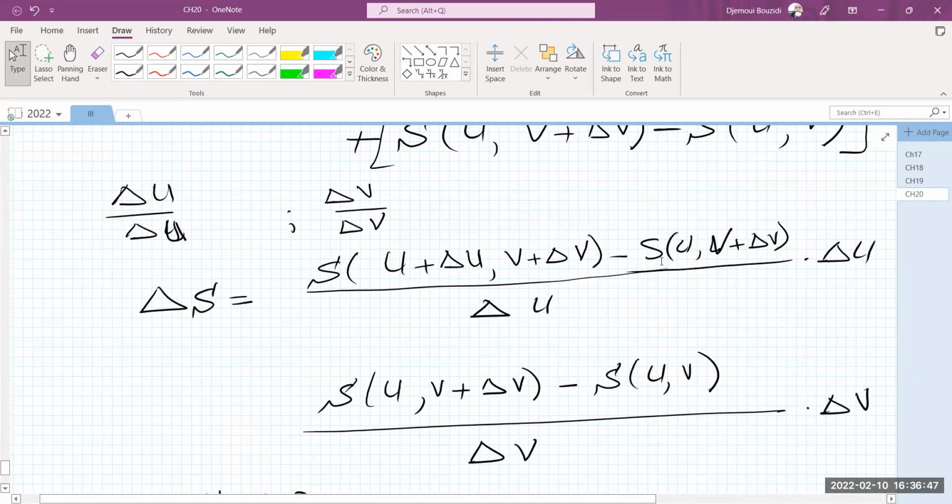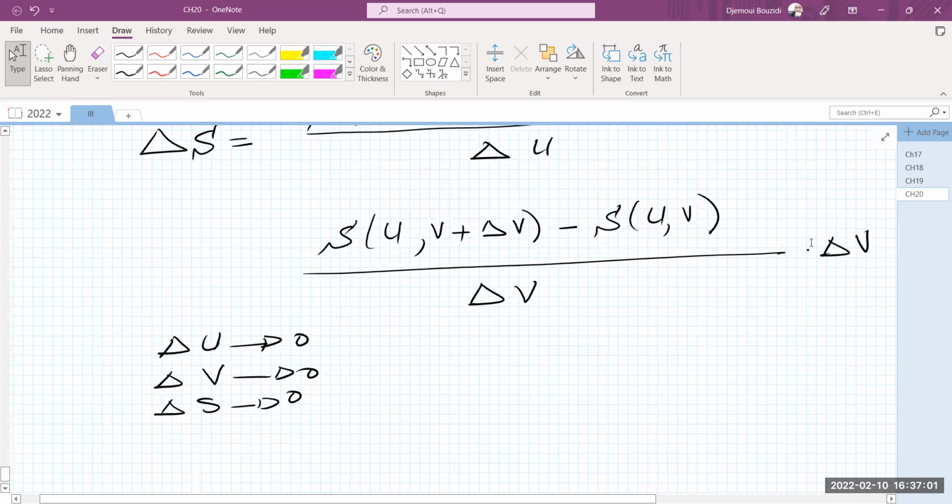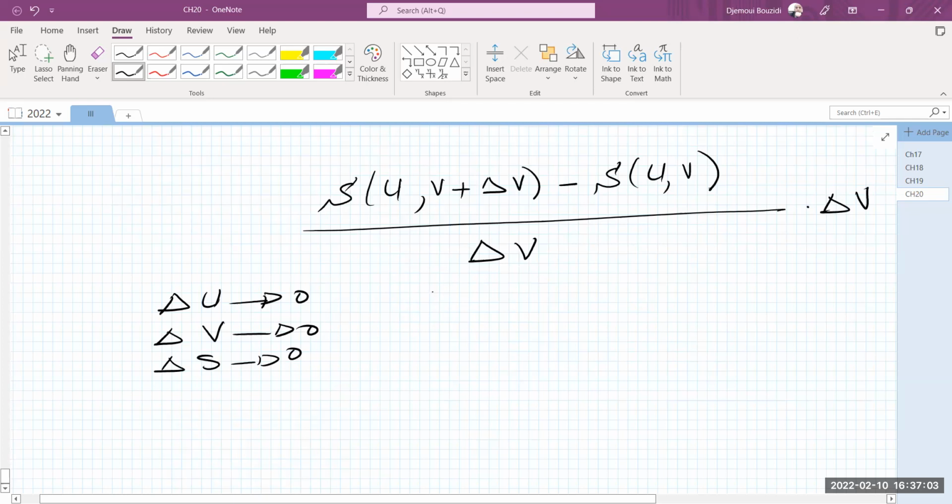It's the same V. It was V plus delta V on one side and V plus delta V on the other side, but U has changed. This is the definition of the derivative in calculus with respect to this variable, when the other one doesn't change. Obviously, the deltas actually will become du, dv, and ds in that limit, just before they vanish, okay? So this is calculus now.